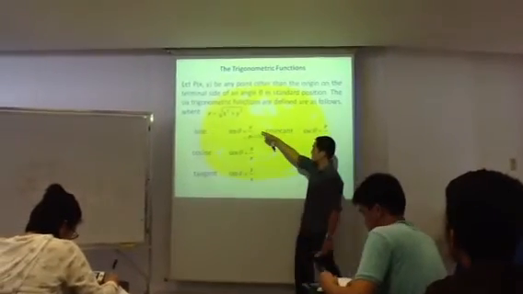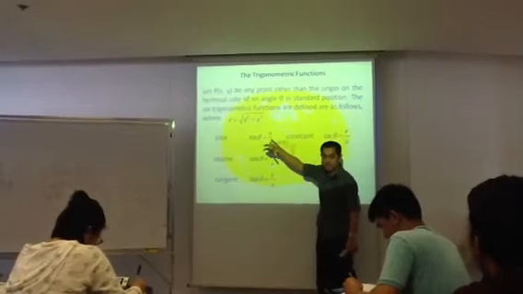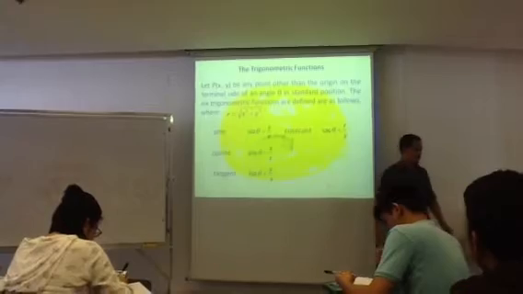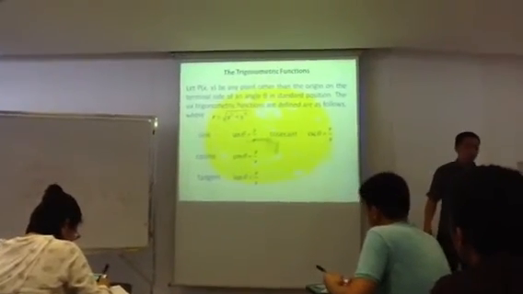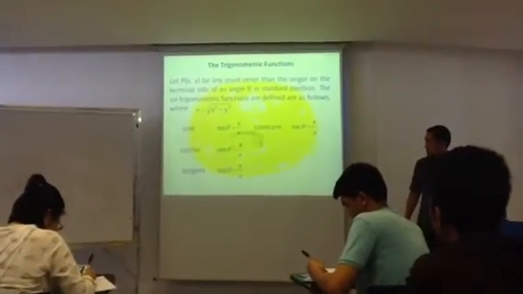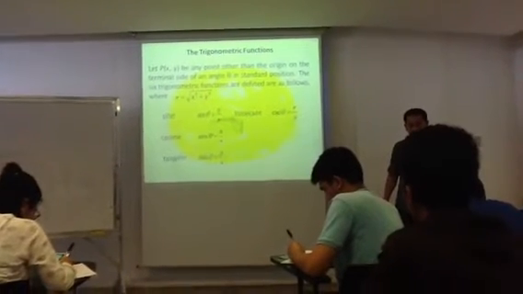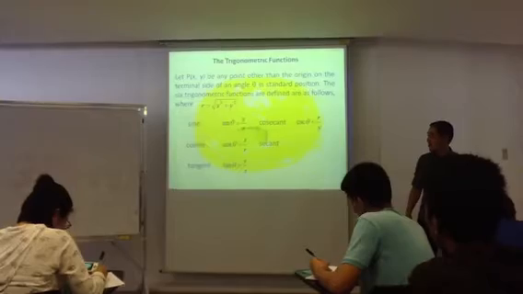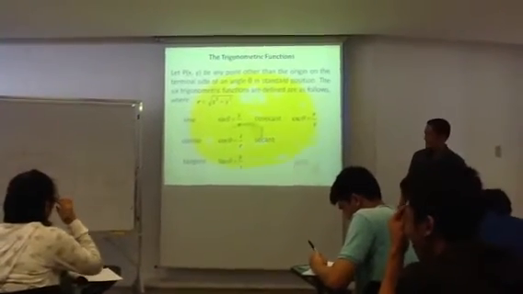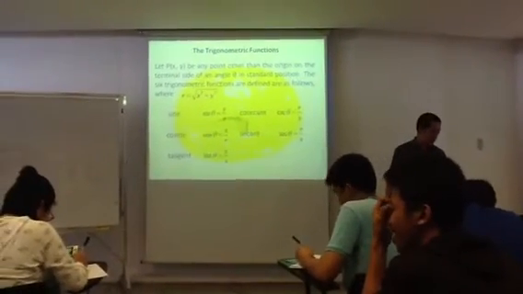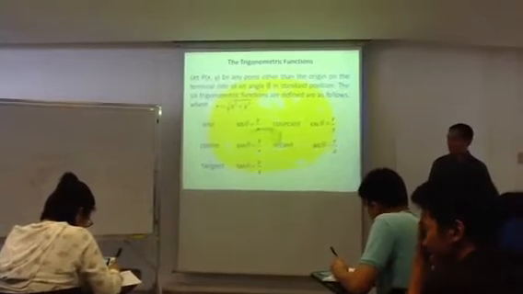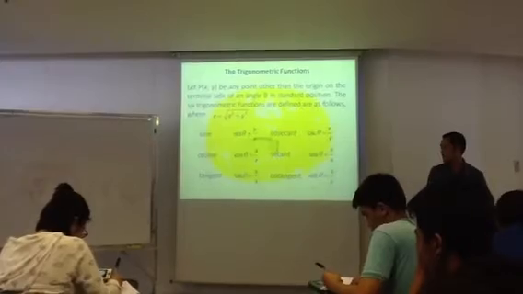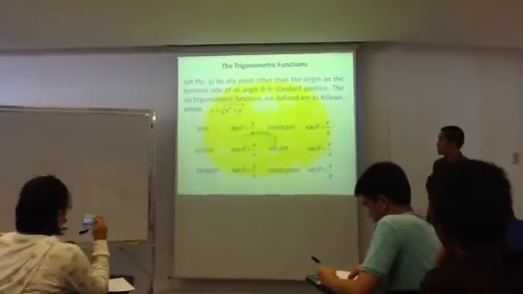So from sine, which is y over r, we just take the reciprocal, and that will be the cosecant, which is r over y. While the reciprocal of cosine is secant, defined as r over x. And lastly, the reciprocal of tangent is cotangent, and that is defined as x over y.